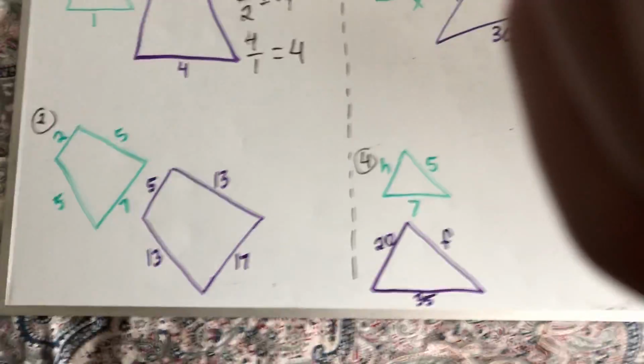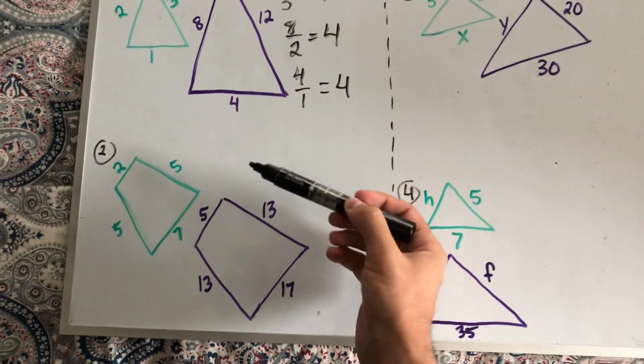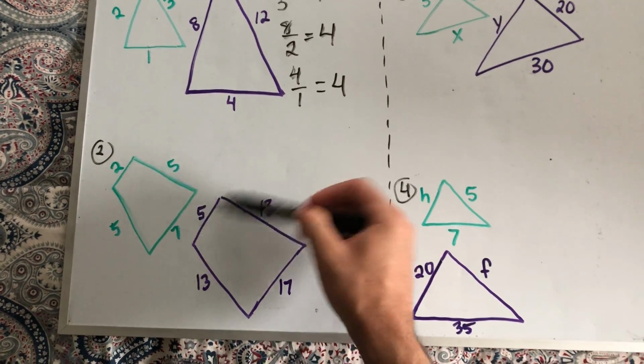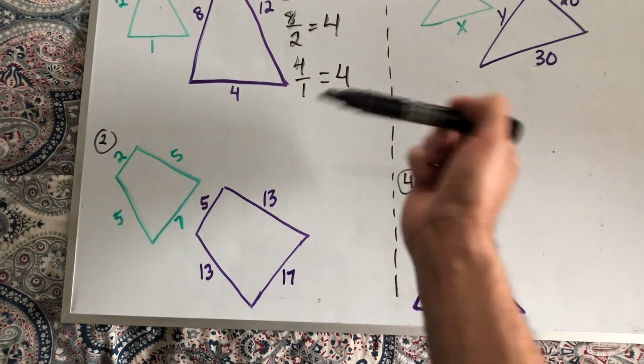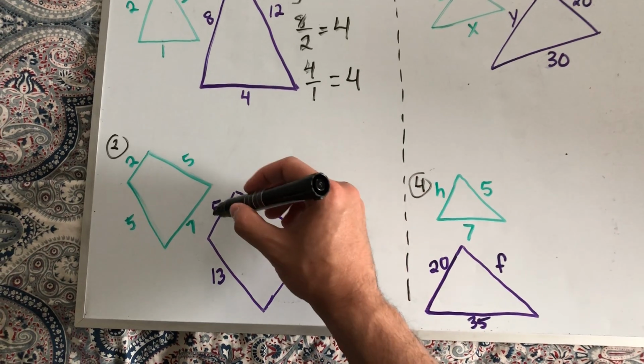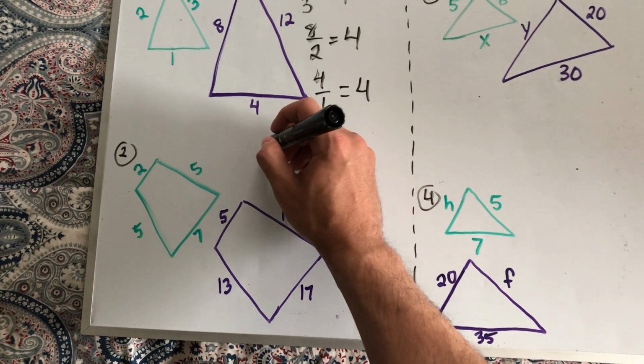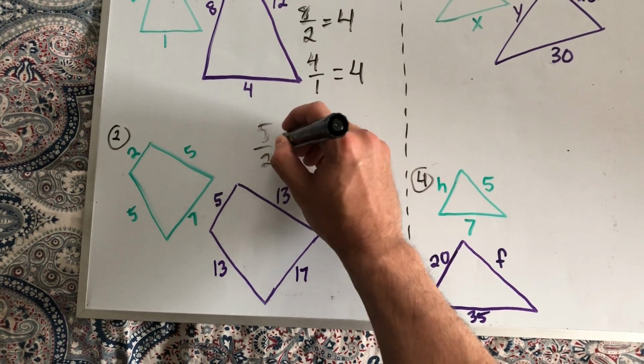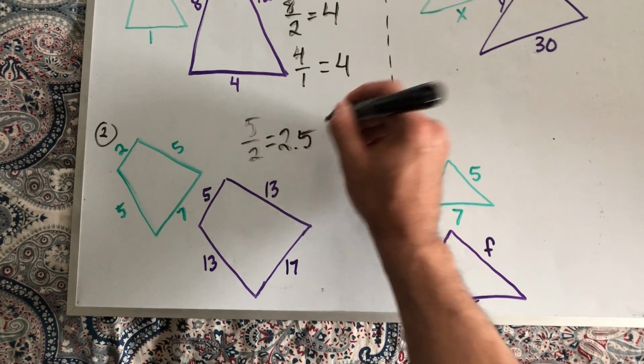All right, the second example, again, you can kind of tell that the 2 corresponds with the 5, and these 5s correspond with the 13. So let's try it to see if there's a scale factor. If you do 5 divided by 2, you get 2.5, okay?